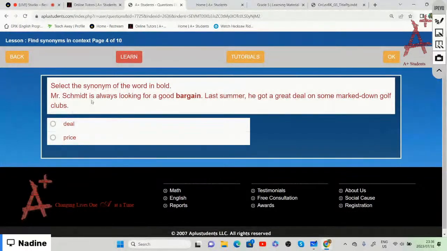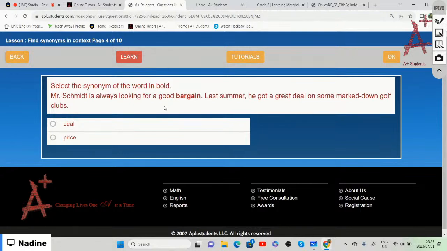Mr. Smith is always looking for a good bargain. Last summer, he got a great deal on some marked down golf clubs. So, is bargain the same as deal? You got a good deal or you got a good price? So, what does bargain mean?